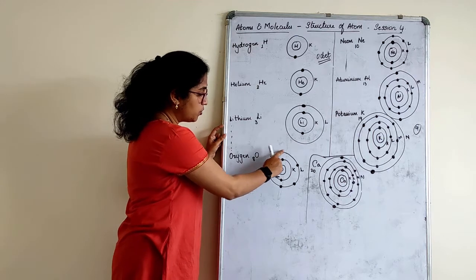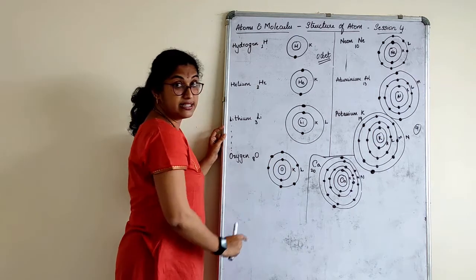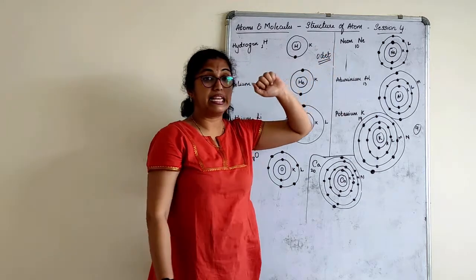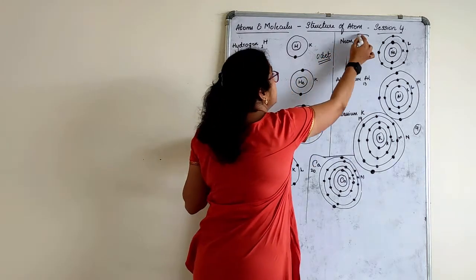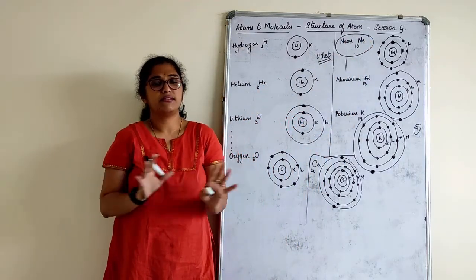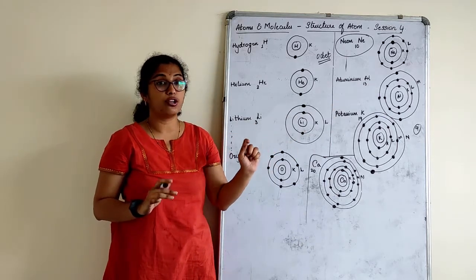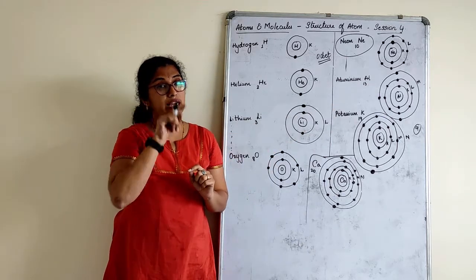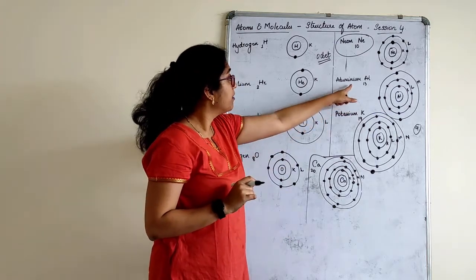Oxygen is 8. What is the last shell? 1, 2, 3, 4, 5, 6. Neon is 10. What is the last shell? 8. So neon is a stable element. The last shell itself is 8. Did you come across any other element here? You will come to argon when you do that. That also has 8 in the last shell. None of the other elements will come here.